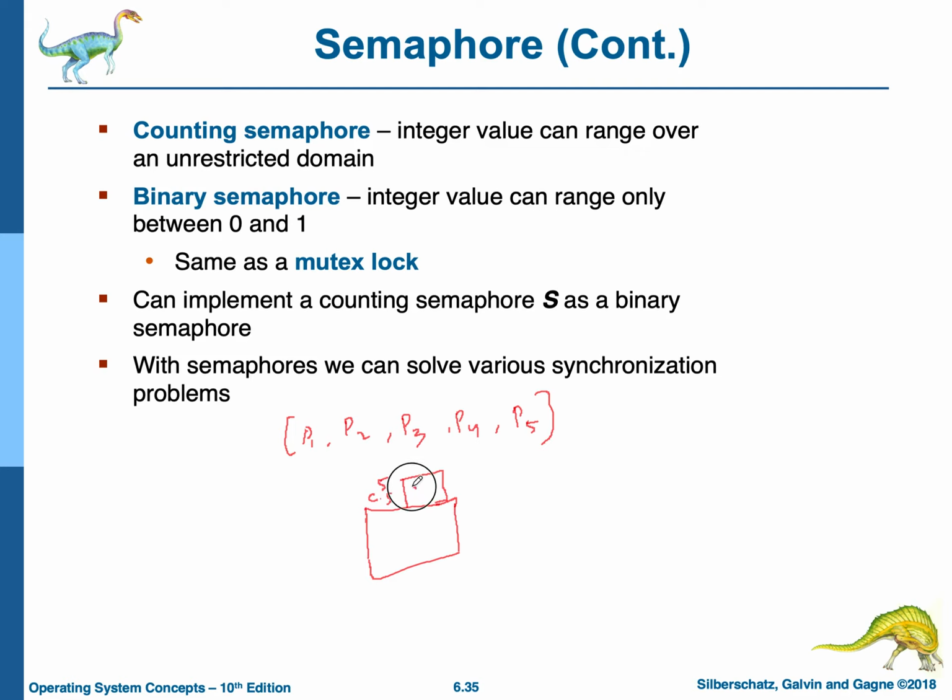So what will happen, we will initialize the S, the semaphore variable, to maybe 5, right? When we are programming, we always start from 0, but here I have considered mapping this with the same numbers.